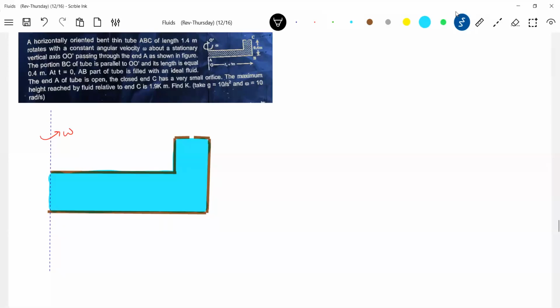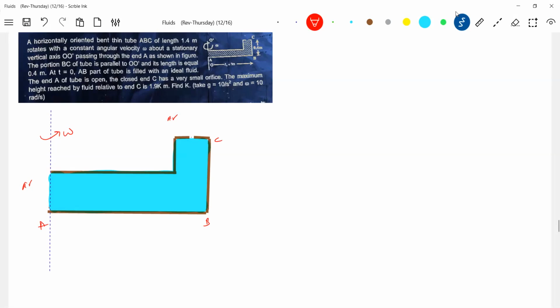Okay, let me read what is told. The end A of the tube is open. Therefore this is end A, then B, and this is C. This is open, so air is present. What do you expect the pressure at A to be? P naught. At C, the air is present.